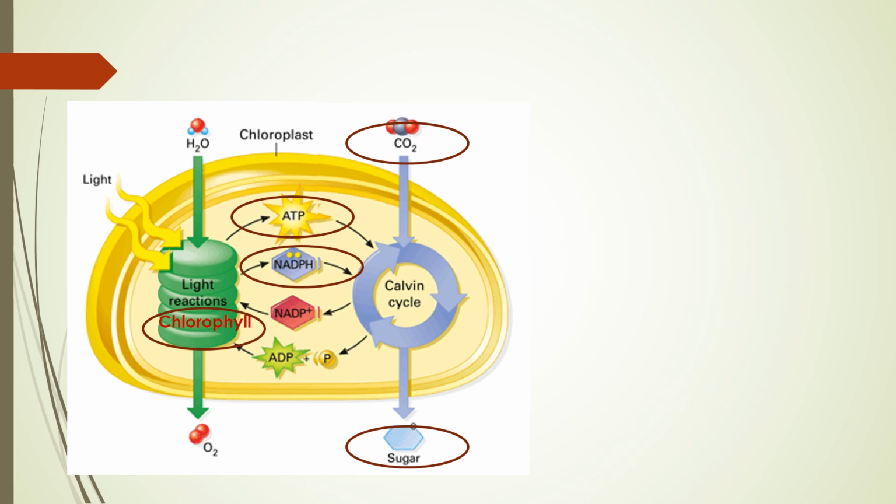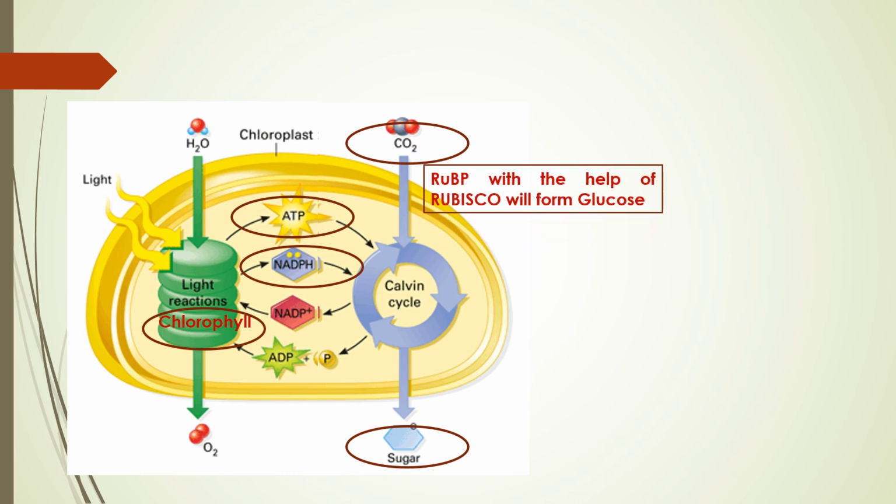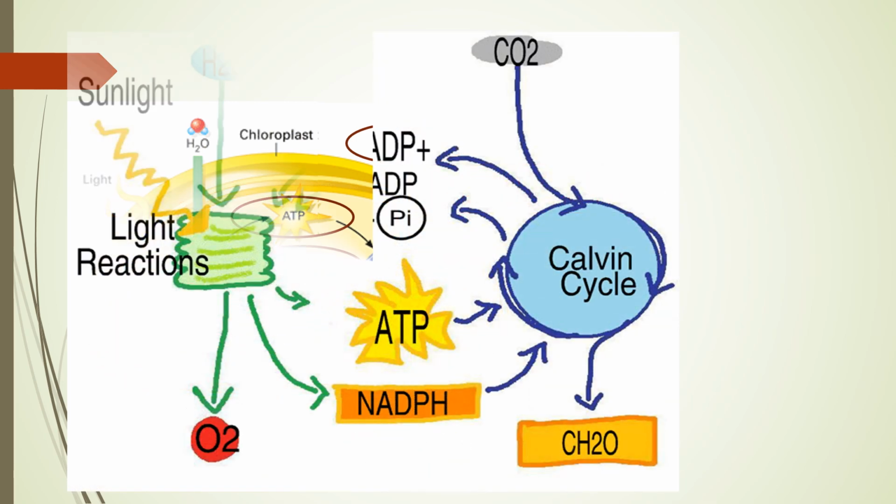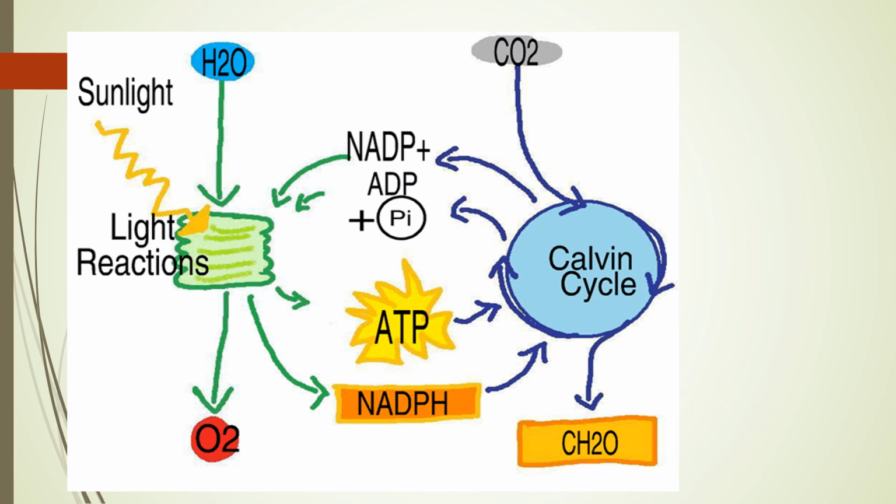So the role of NADP is that it will produce the NADPH, which will help to reduce the CO2 to form the sugar. Okay. RuBP with the help of RuBisco will form glucose. In brief you can write it in this way, if you can't remember the former one.